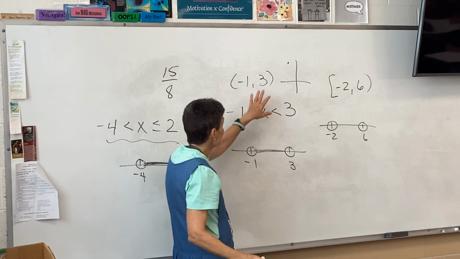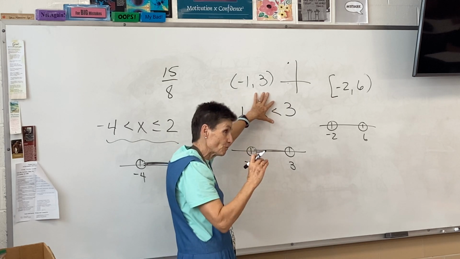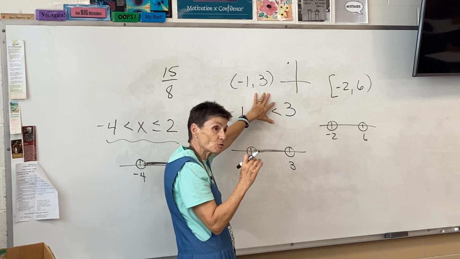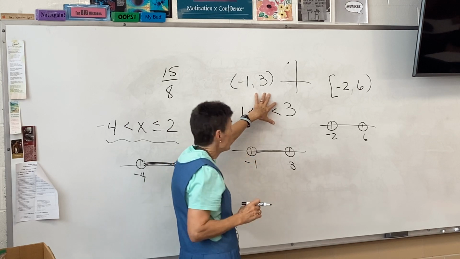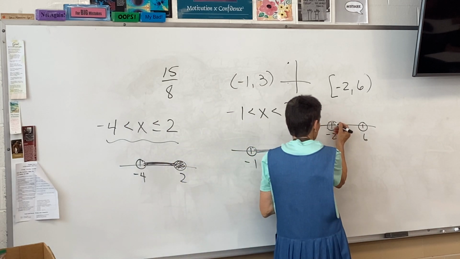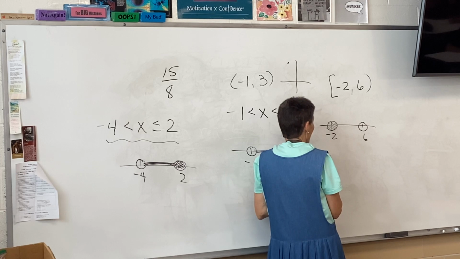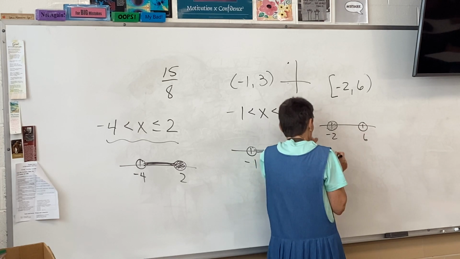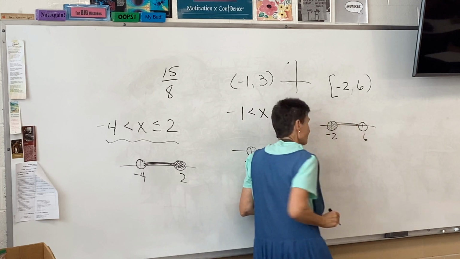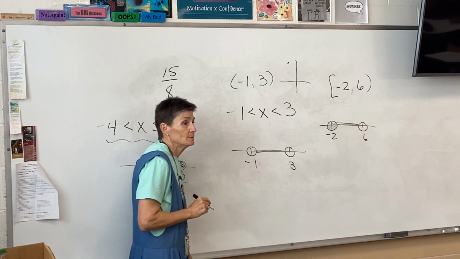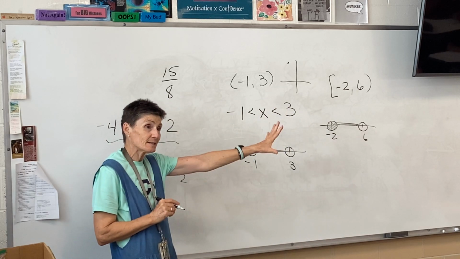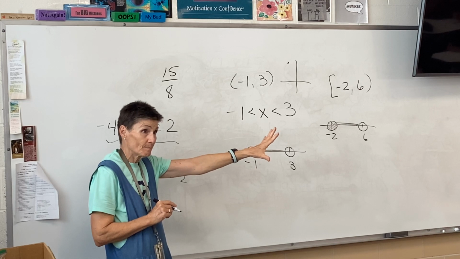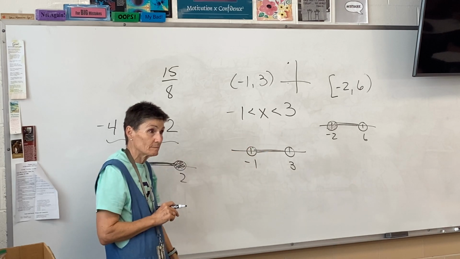The parentheses is open interval. That's your open interval notation. The bracket is closed, so you'll close in the -2 dot, leave the 6 dot open, and shade in between. Bracket, closed, parentheses open.